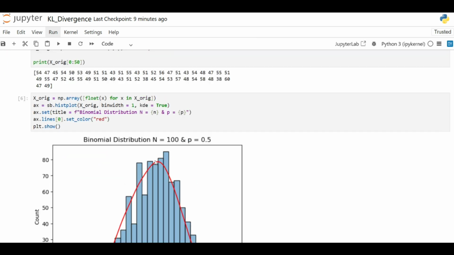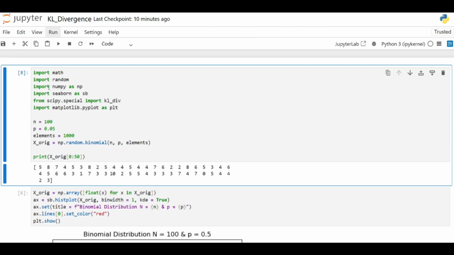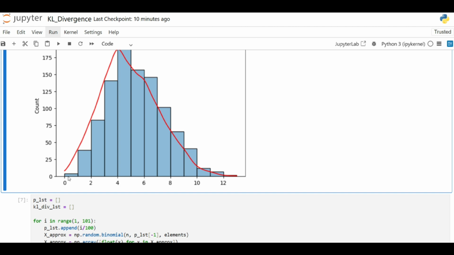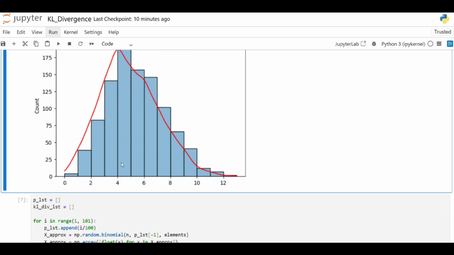Now, in the third scenario, let's make it 0.05, where the chance of heads appearing is very, very low. If I rerun this and plot it, we see that the tail on the right side starts to increase, making it right skewed, with the majority of the values coming towards the lower side.